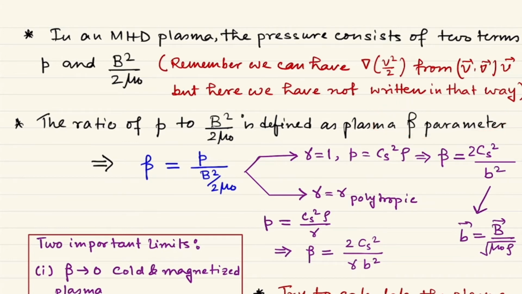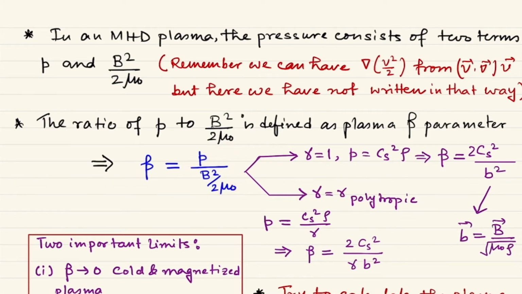Beta is nothing but the ratio of P to B square by 2 mu 0. So P is in the numerator and B square by 2 mu 0 is in the denominator. So finally beta is P divided by B square by 2 mu 0, so the 2 mu 0 comes up and it will simply be 2 mu 0 P by B square.